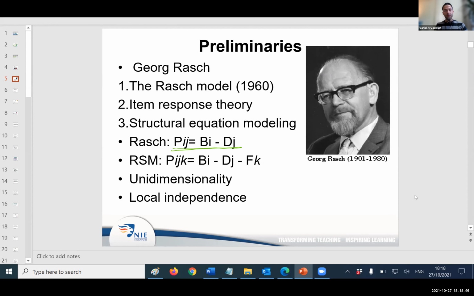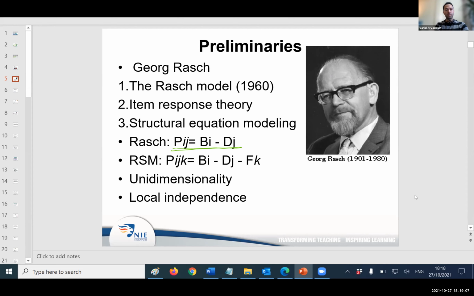Okay, I've talked about this. So I talked about these three: Rasch measurement, IRT, structural equation modeling. Anyway, Rasch measurement is a probabilistic model. What does that mean? It's talking about probability. And also probability of what?